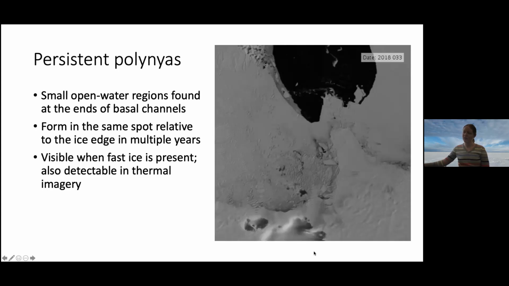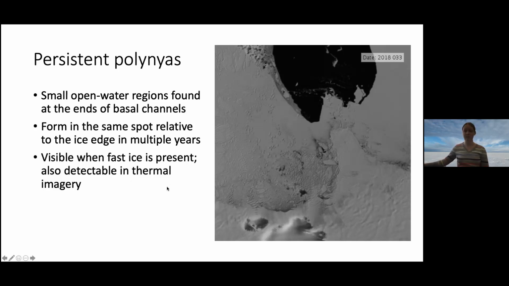But I think this is a good example to show you just how complicated these shear margins can be. But if we can identify a polynya that's showing up in the same place relative to the ice edge over and over and over, it's a pretty good indication that we have some mechanism that's consistently delivering plumes of water to that location. And the easiest mechanism, the only mechanism that we've come up with that consistently could control that, is the presence of basal channels.